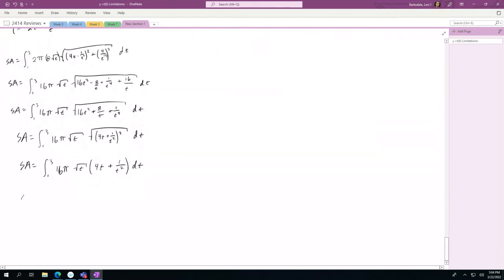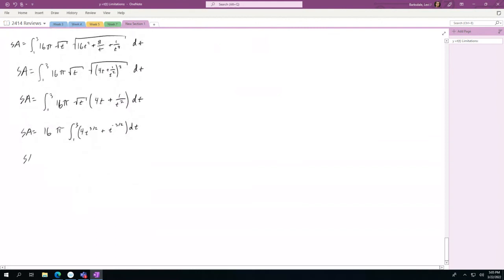Now I can go ahead and pull my 16 pi out of my integral and also combine my root t with my 4t and with my 1 over t squared. So this would become 4t to the 3/2 plus t to the minus 3/2.